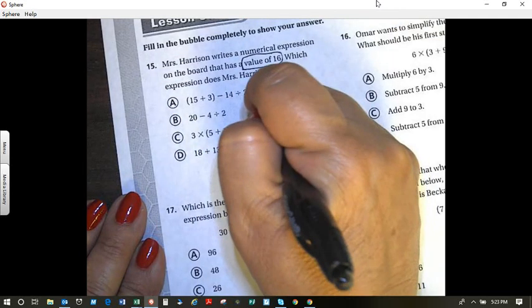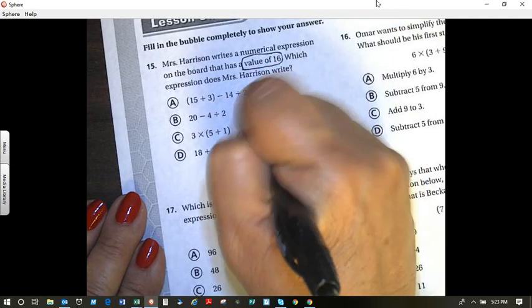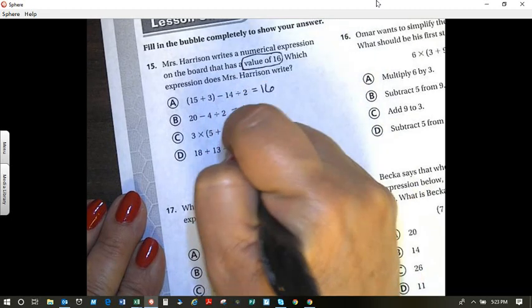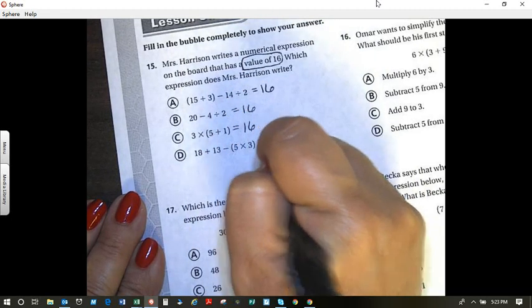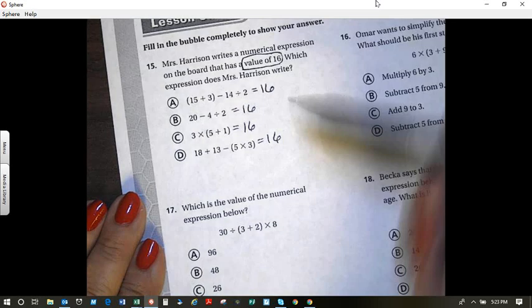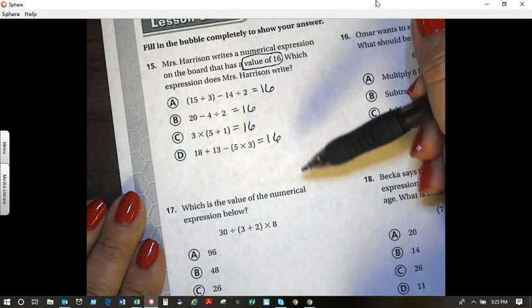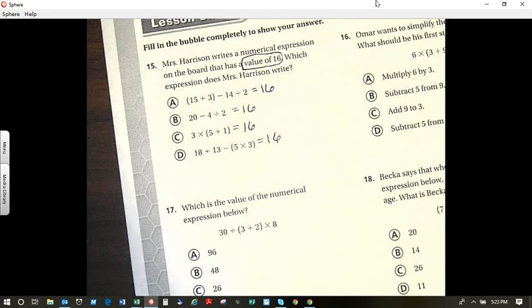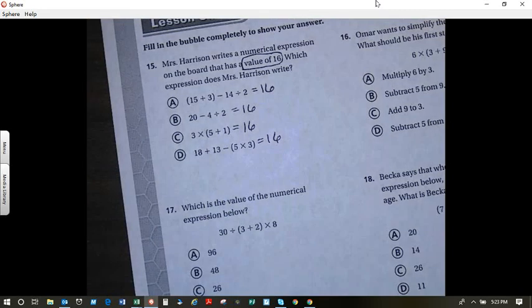So we need to know which one equals 16. So I'm writing that down, which one has the value of 16, and that's going to remind me of what I'm looking for. I'm going to go ahead and use extra paper.